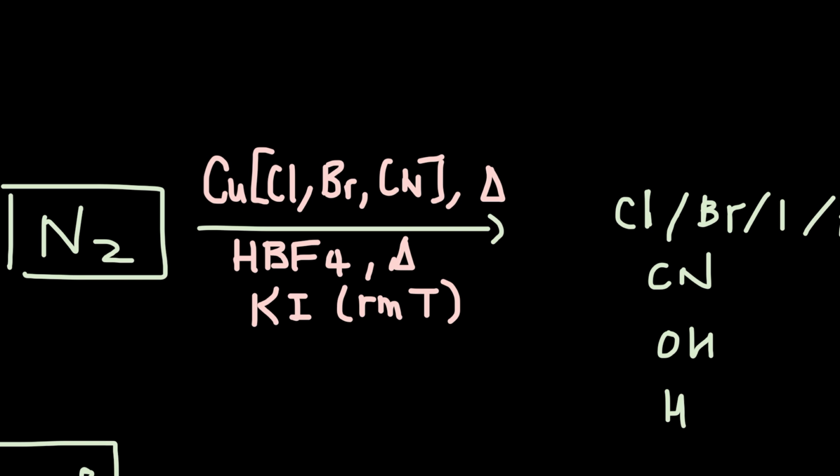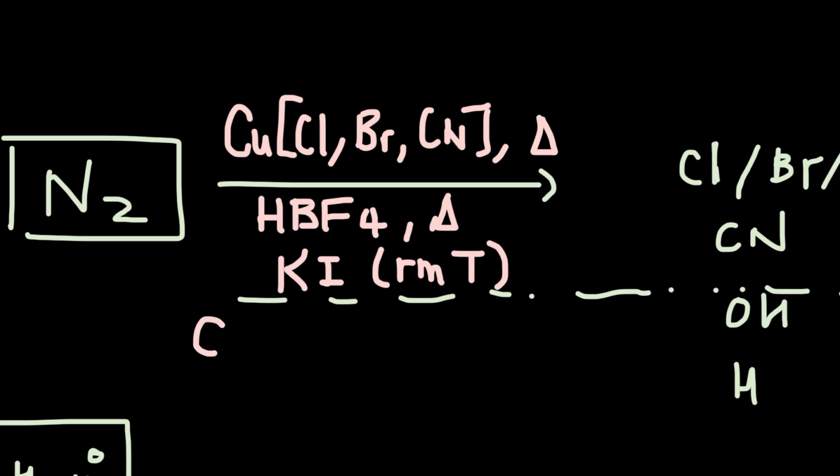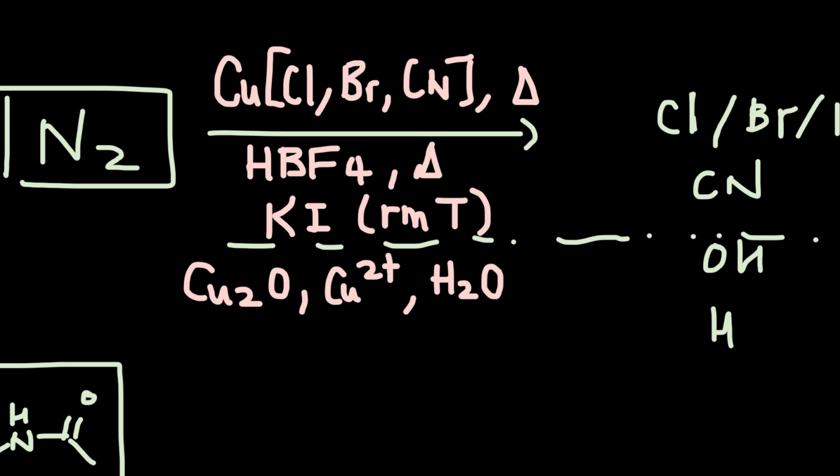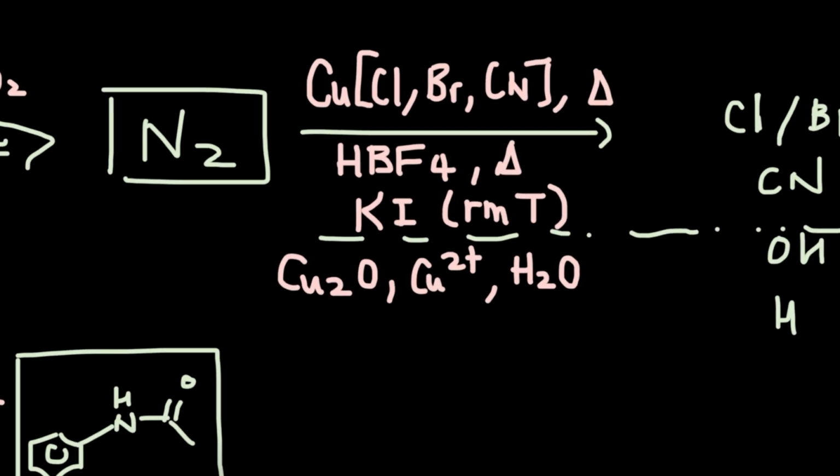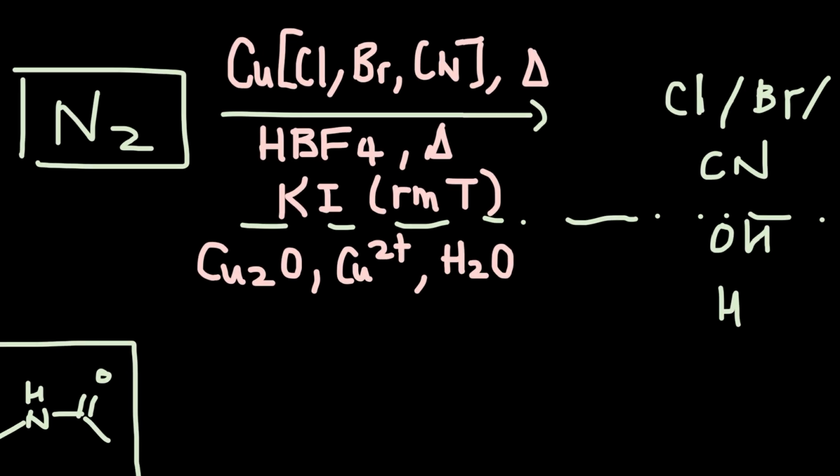And then for alcohols, we would use more copper, Cu2O, Cu2+ ion, and the OH source, which is water. That'll get you alcohol replacing the diazonium salt, which used to be the aniline. And to remove the aniline by replacing it with H, you would use hypophosphorus acid in water.